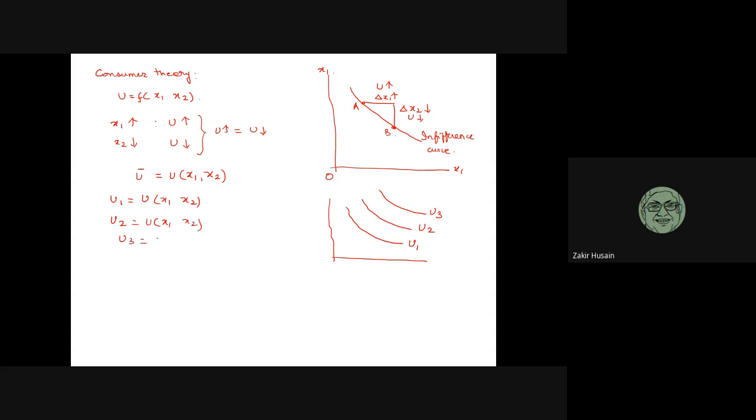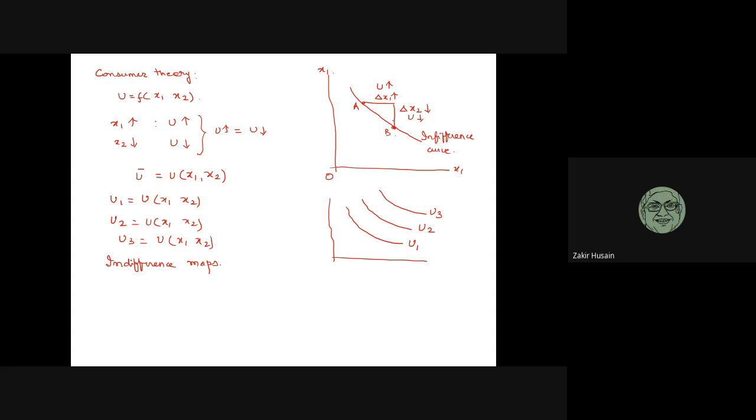Obviously, you can draw even more level sets. There are level sets in between, below this, above this. And if you consider all of them, they are called indifference maps. But any one curve is called the indifference curve.